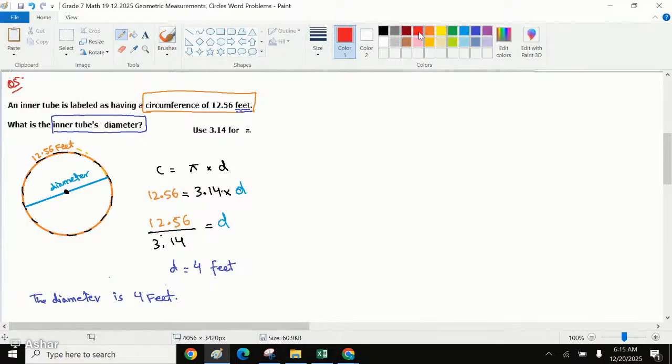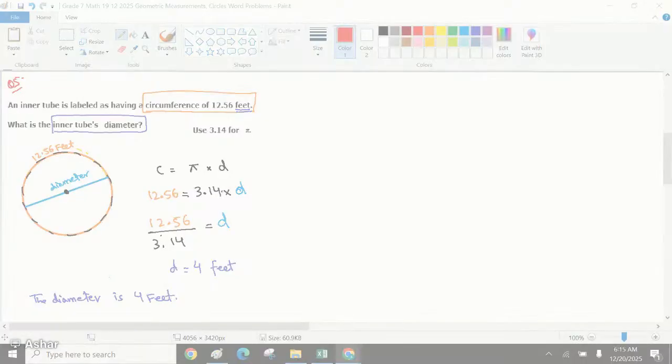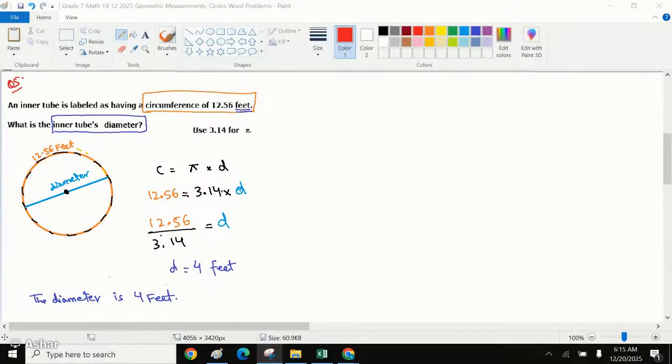Let's look at the next question and see what we can do over here. Let's copy the question. Just a second, please. I'm just copying the question so that we have it. We don't have to write it again and again, and we can do more questions.